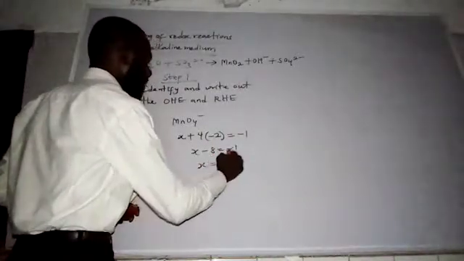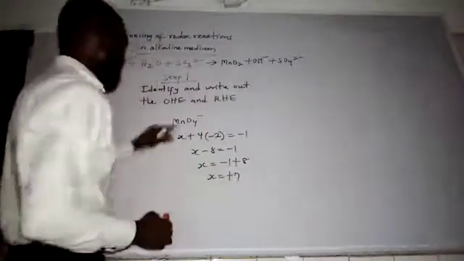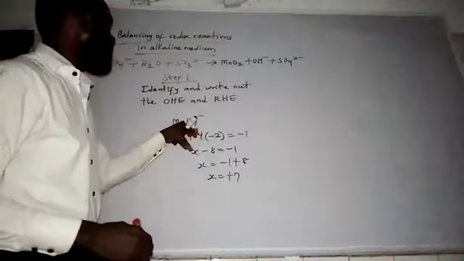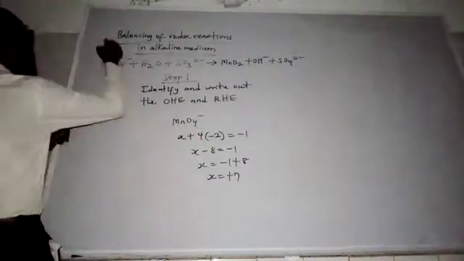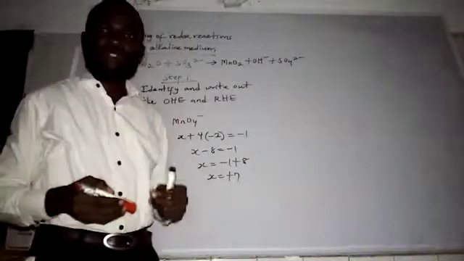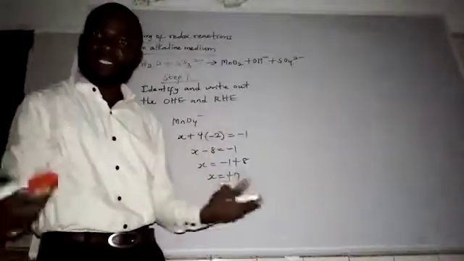So X is -1 plus 8, so X is equal to plus 7. That implies the oxidation number of manganese in this ion is plus 7. And we know that oxygen is always -2 except in peroxides. This is not a peroxide, so I'm going to write it out as -2.